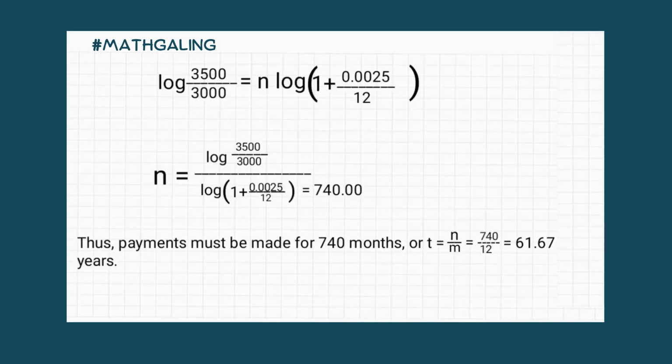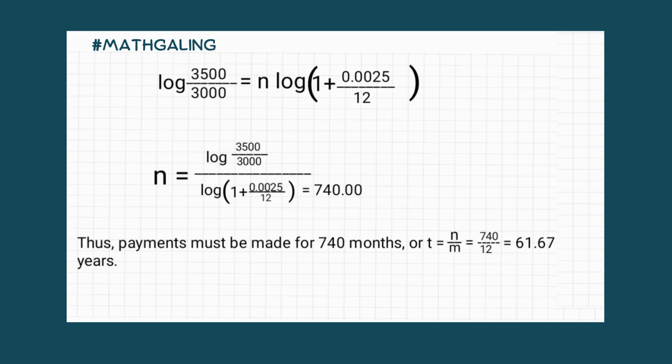So logarithm of 3,500 over 3,000 is equal to n logarithm 1 plus 0.0025 over 12. So n is equal to logarithm of 3,500 over 3,000 over logarithm of 1 plus 0.0025 over 12 is equal to 740.00.